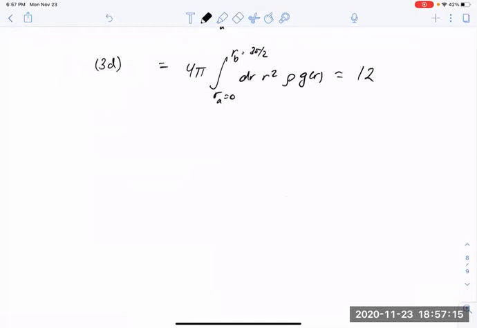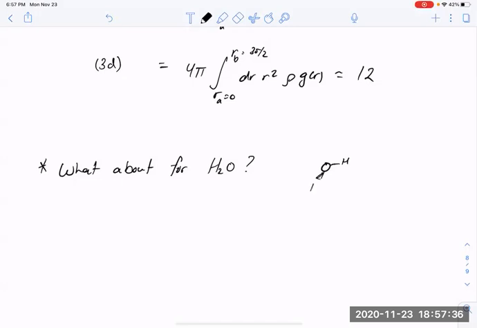All right, what about for something like water? A not so simple liquid. What would its G of R look like? Well, water we know forms hydrogen bonds, like so maybe.